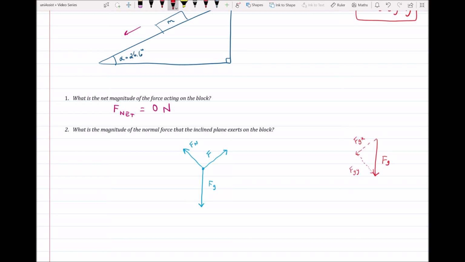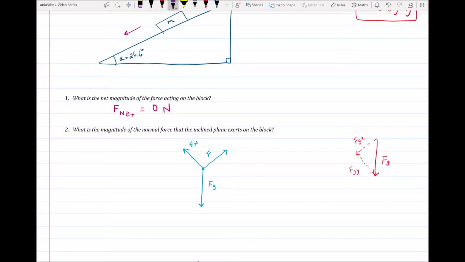So if we go back to our block diagram, we need to determine the angle that we've got on this diagram here. So I'll just draw a representative here.